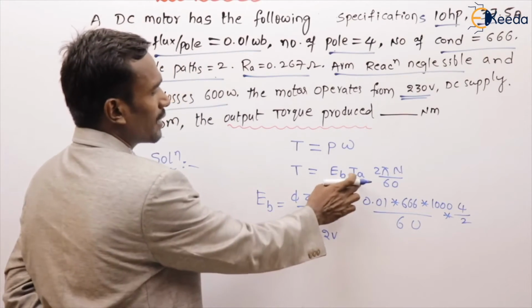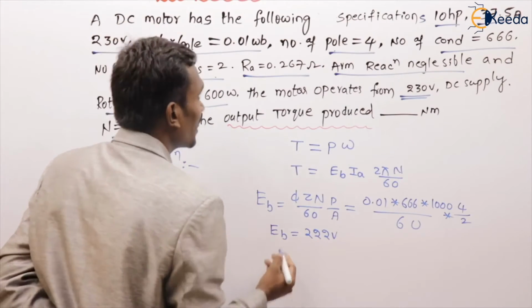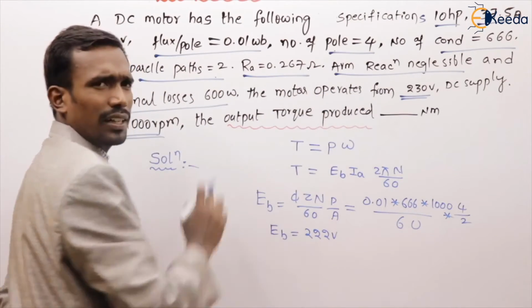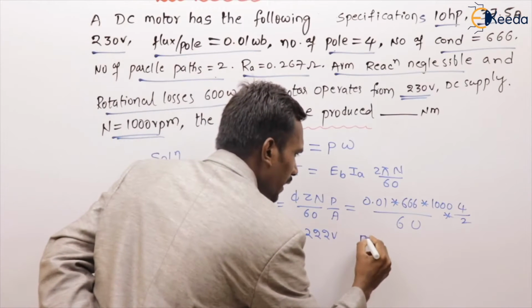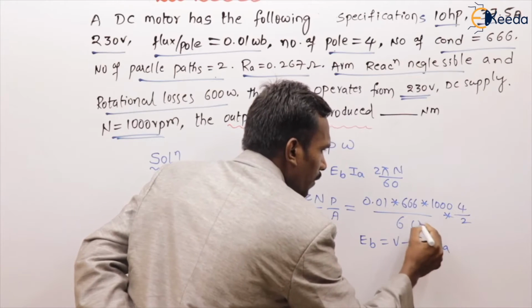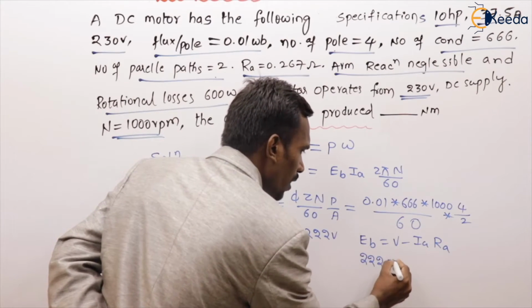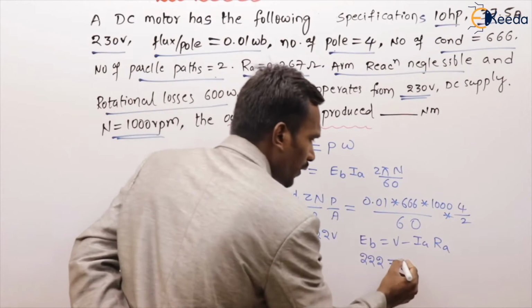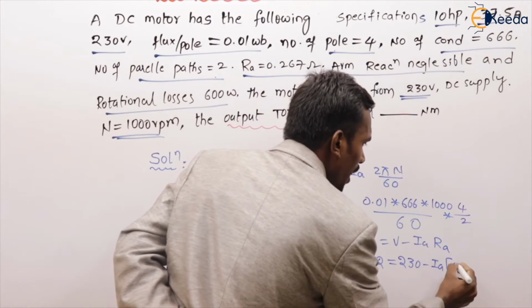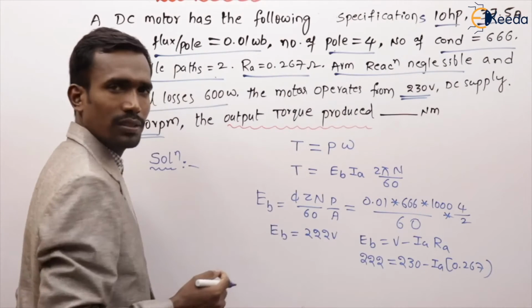Now again, we want the armature current. How can we find it? Generally we know this is a motor, so EB is equal to V minus IA into RA. EB is 222, which we calculated, and V is 230 minus IA into RA, which is 0.267 ohms.